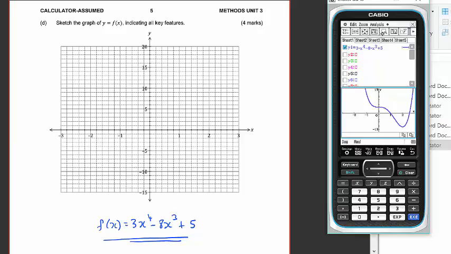So let's go for G-Solve, and let's start with inflection. So we've got an inflection here at 0, 5. And are there any other inflection points?